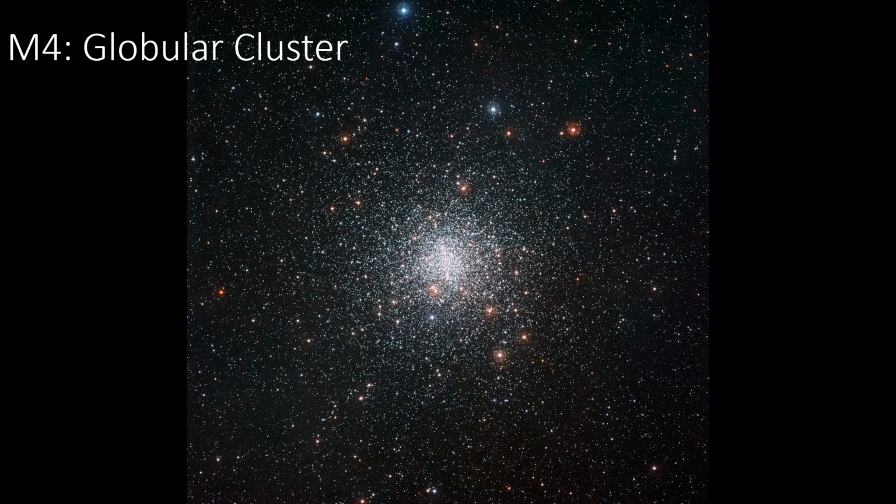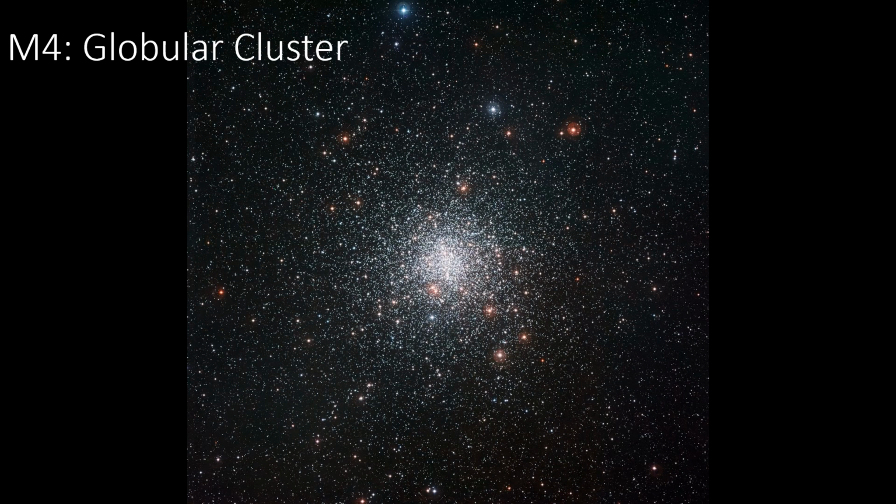Let's now explore Messier 4, a globular cluster found in the constellation Scorpius. Messier 4 is relatively close to us, residing about 7,200 light-years away. It's considered to be the closest globular cluster to Earth. It contains a large population of stars tightly bound by gravity.